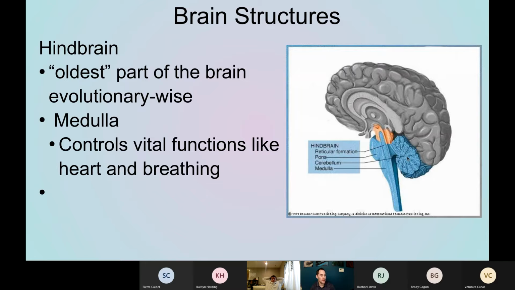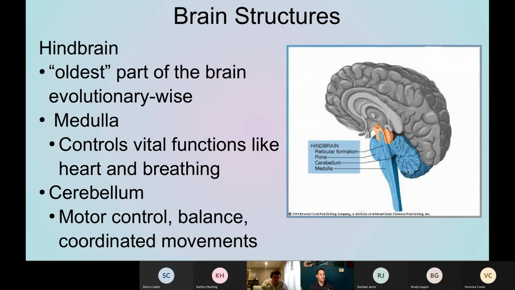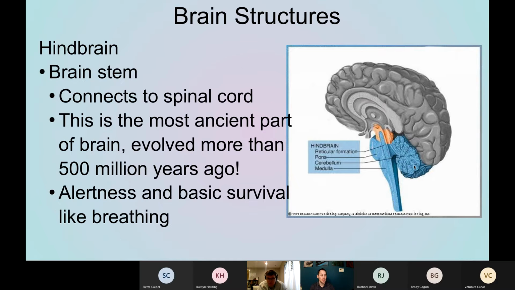The major thing with the hindbrain and the medulla specifically is that it controls a lot of basic survival functions. So your heart beating, your breathing. Your cerebellum, this big wrinkly area right here that looks a lot different than this wrinkly area, is very important for balance as well as vision and coordinating your movements.